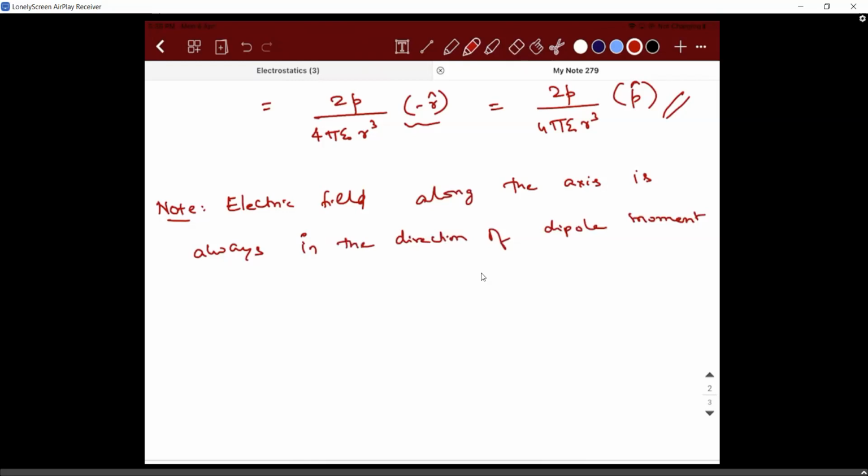Always in the direction of dipole. Okay, this is an important point. So they can ask you, the electric field due to a dipole along a particular direction is always in the direction of dipole. So where is the point?